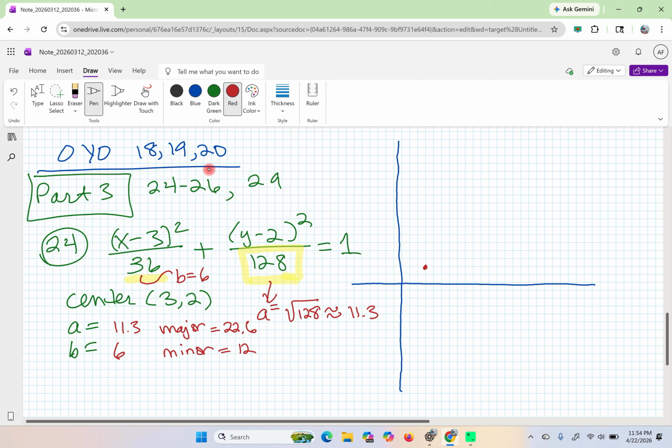It's just above that. And then down here, we'll go back to the center, count 11 down. And our B wing is 6 on each side, and then connect.